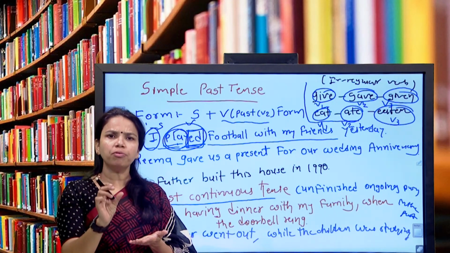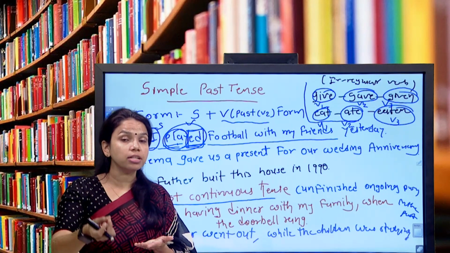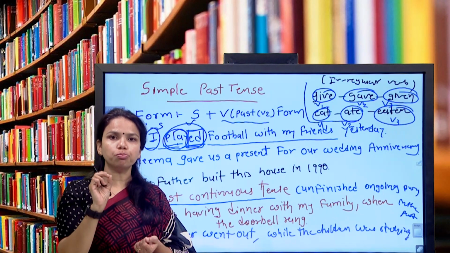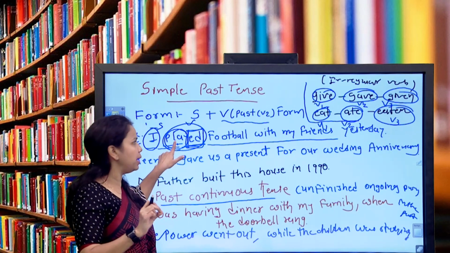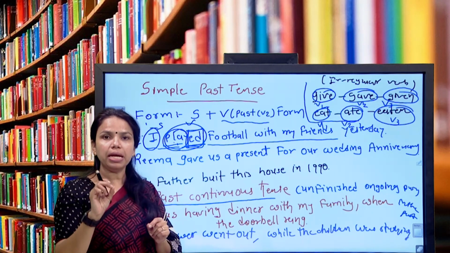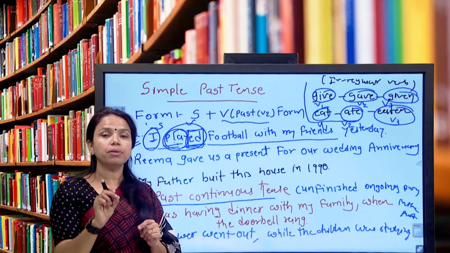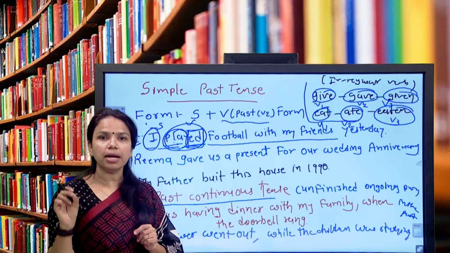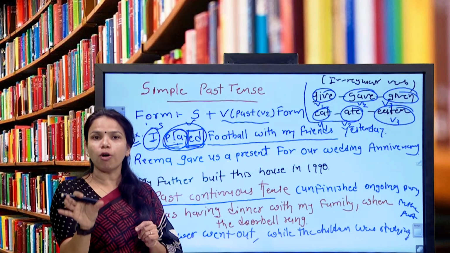But some verbs are there where, if you want to make a past tense form, after that verb you simply have to put ed, right. There is a word like play, P-L-A-Y. If you want to make a past tense form, then after play you simply put ed. It means played. So played is a verb, past tense form, right?